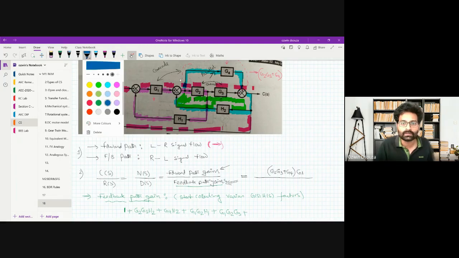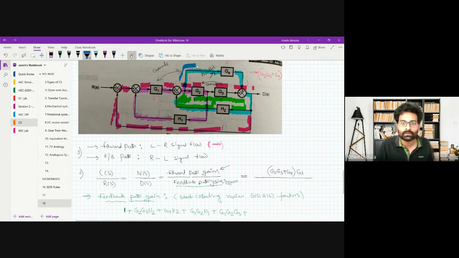This one, G4, the upper part, because this point is getting connected here, and this unity path.